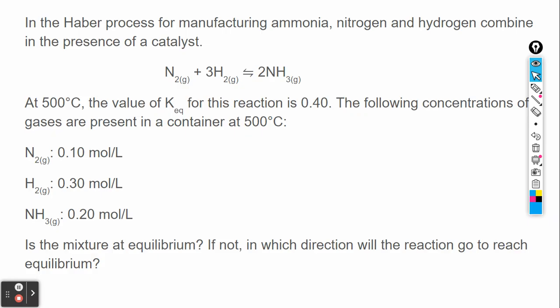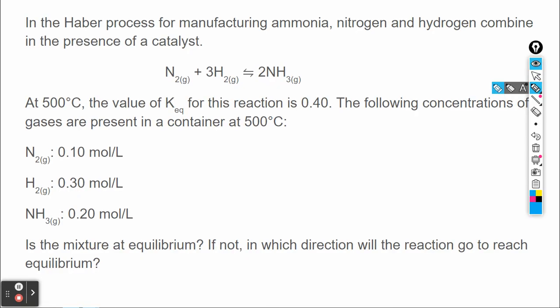At 500 degrees Celsius, the value for K for this reaction is 0.4. In our example, these are the concentrations that are present in a container. We're asked to figure out, is the mixture at equilibrium? And if not, which direction would the reaction go to reach equilibrium?